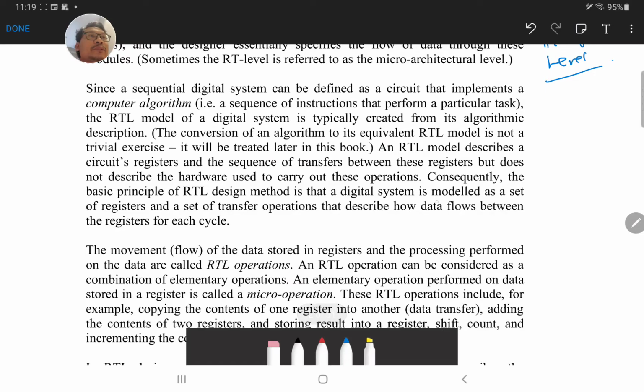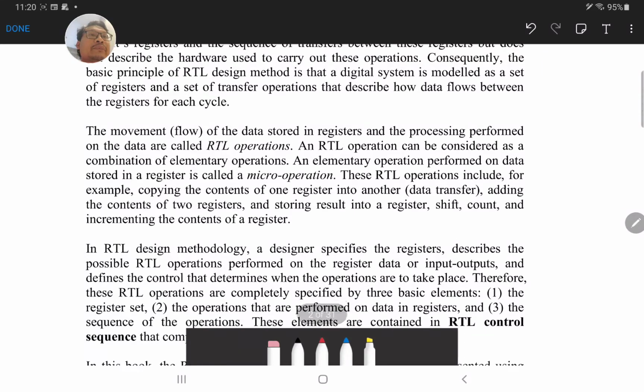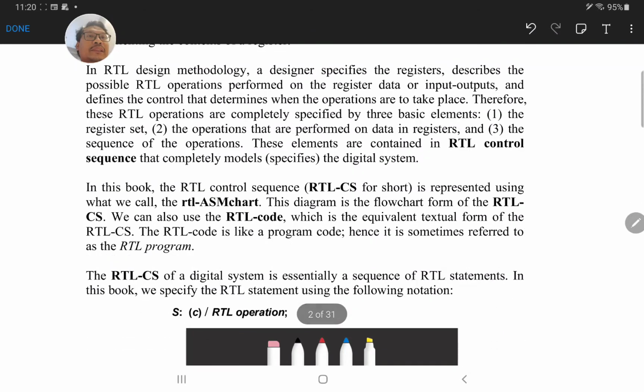If we are able to do a register transfer, it means that we can model a computer algorithm, because a computer algorithm is basically a sequence of steps. First we want to do A, then B, then C, and during that operation we want to be in a certain state and also store some values. That's what RTL is all about.